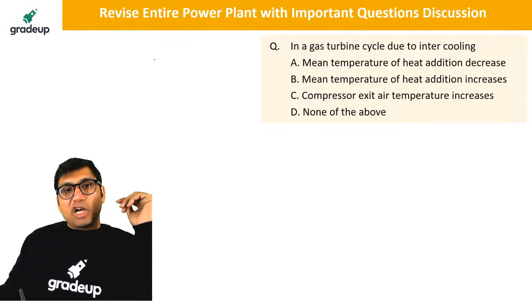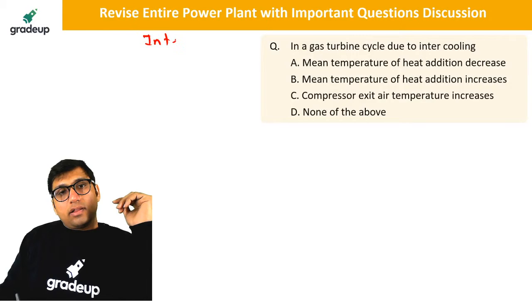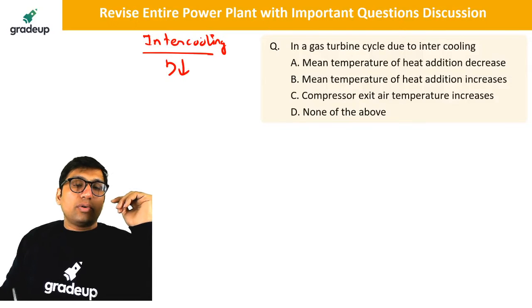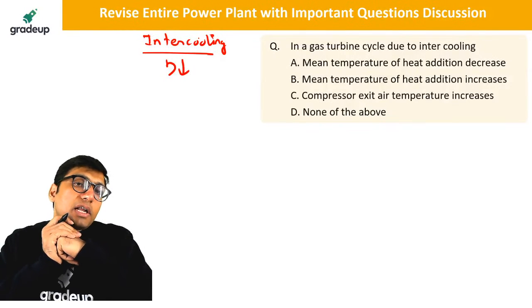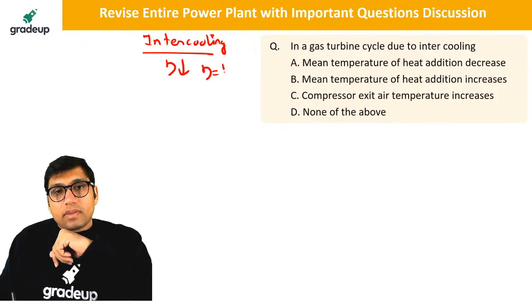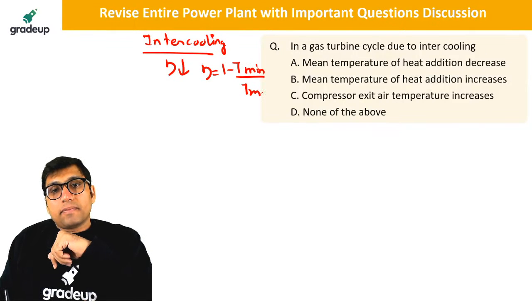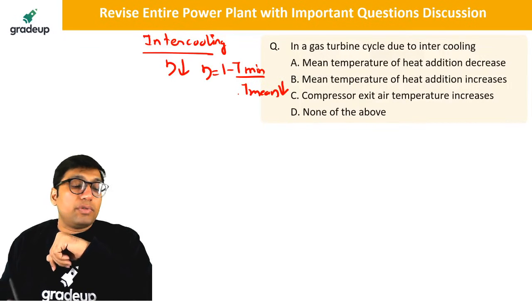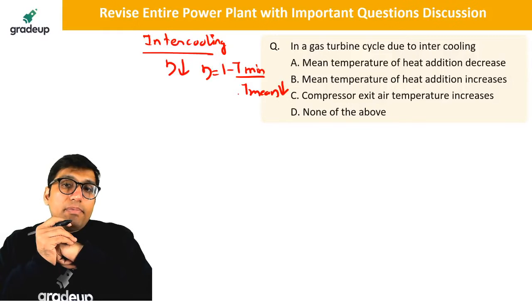As you know, with intercooling the efficiency will decrease. So, my dear students, it is only possible that the efficiency is decreasing if the mean temperature of heat addition is reducing, since efficiency is related to the mean temperature.